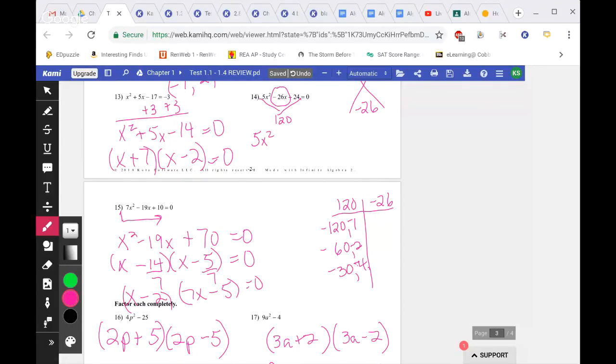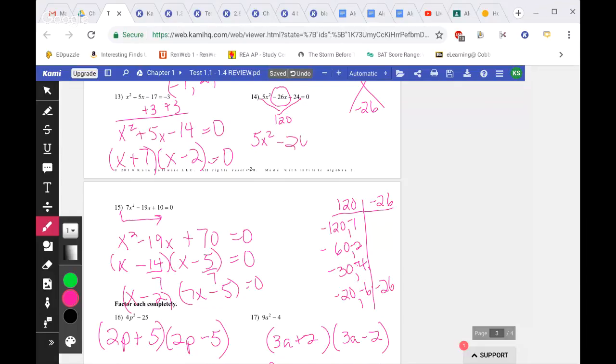So both of my factors have to be negative. Does that make sense? Oh, yeah. So that would actually give me a negative 34. So I'm not really there. So that's why I'm like, you have to be really careful with those signs. Yeah. So then I went down, and that negative 20 and negative 6 give me a negative 26. So yay, I found them.